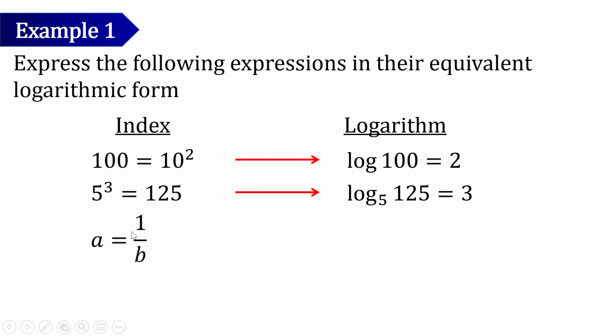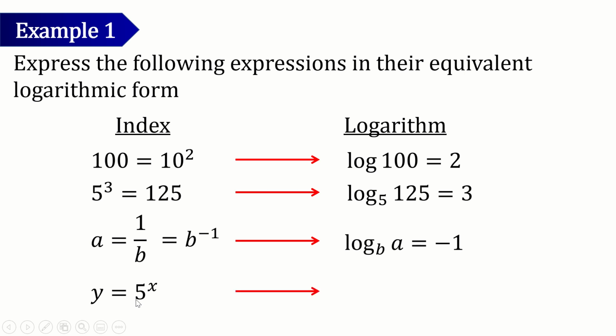Next, a is equal to 1 over b. 1 over b is equivalent to b to the power of negative 1. So a is equal to b to the power of negative 1. In logarithm form, this is log base b of a equals negative 1. Then y equals 5 to the power of x.